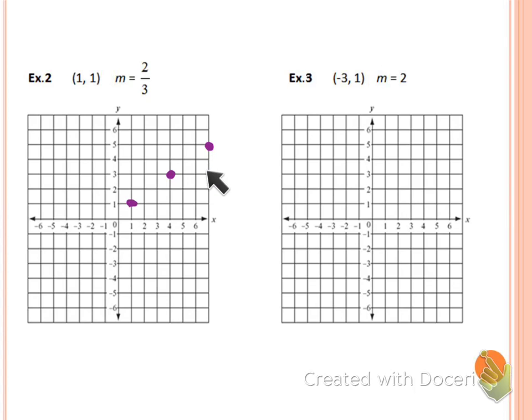Down and to the left. So instead of going up and to the right, I can go down and to the left. I can do the same thing when I'm trying to come up with points. Instead of going up and to the right, I can reverse both of those directions and go down to the left 3, down to the left 3. And you'll see that they still end up on the same line.